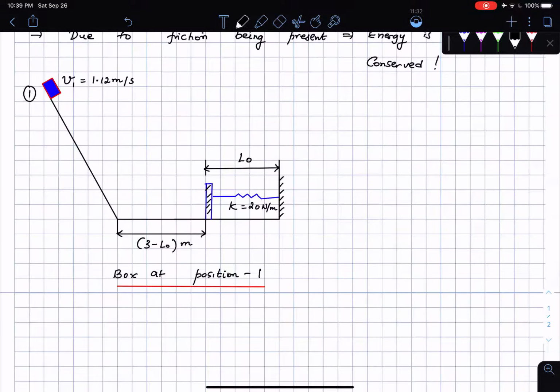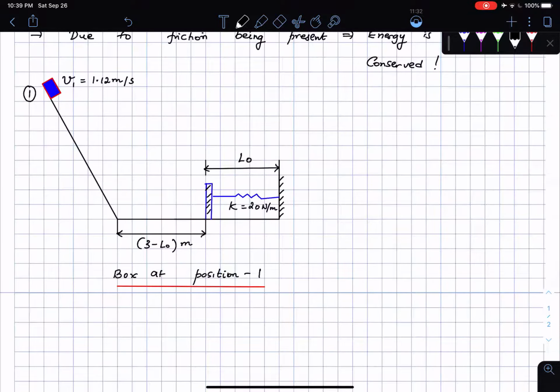First of all, we know that there is an amount of friction going on. So this is mu k of 0.15, and on this surface this is mu k of 0.3.